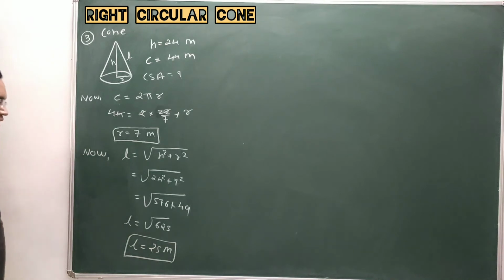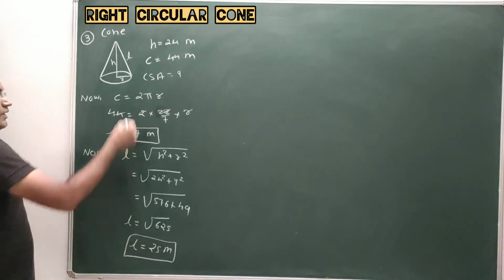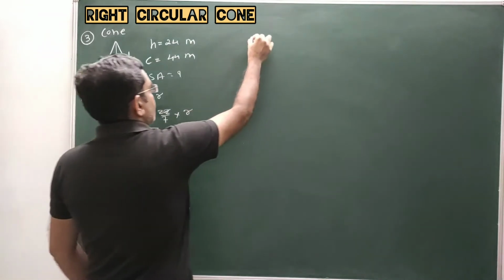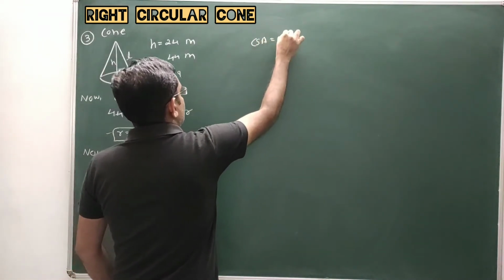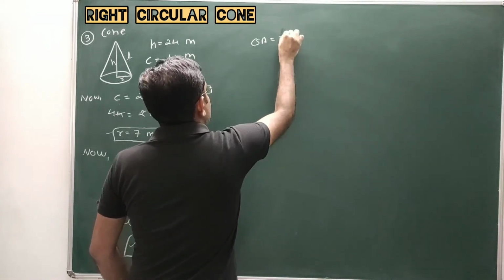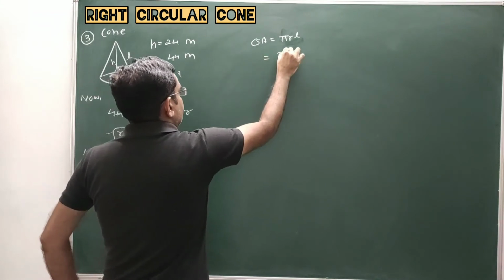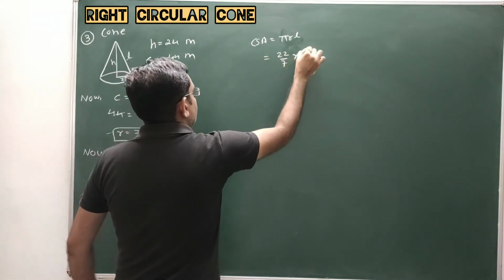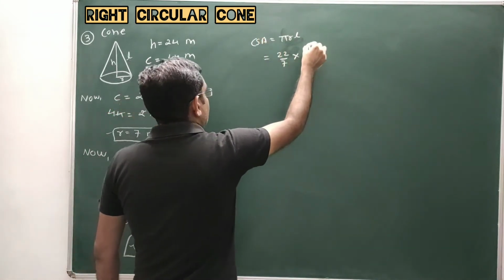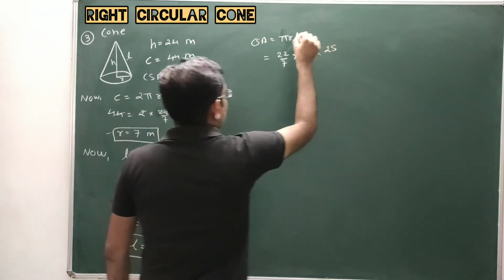Now we have the radius r and slant height L, so we can find the curved surface area of this cone. The formula is pi r L. So this is pi, 22 by 7, radius r is 7, slant height L is 25.